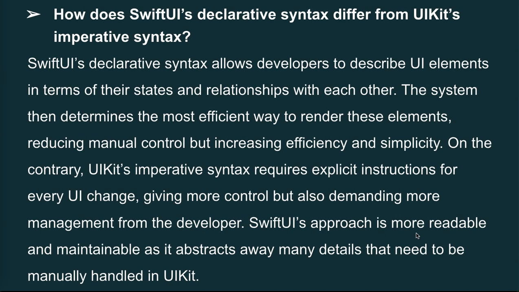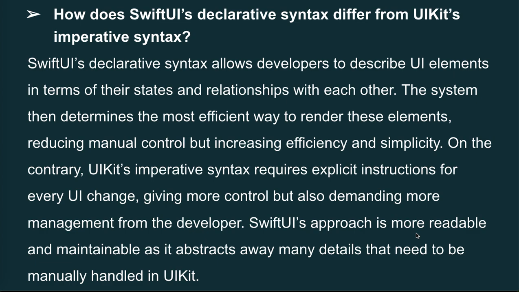Next question is, how does SwiftUI's declarative syntax differ from UIKit's imperative syntax? So friends, SwiftUI's declarative syntax allows developers to describe UI elements in terms of their states and relationships with each other. The system then determines the most efficient way to render these elements, reducing manual control but increasing efficiency and simplicity.